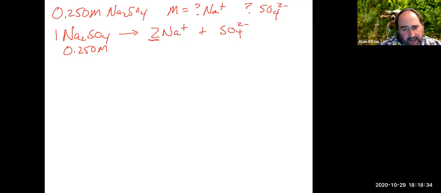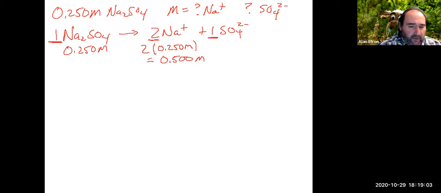So we take the concentration and multiply it by 2, twice as concentrated, which means the concentration of the sodium ion would be 0.5 molar. For the sulfate ion, it is a 1-to-1 relationship, which means it's 1 times our original concentration, and we end up with the same concentration for our sulfate.